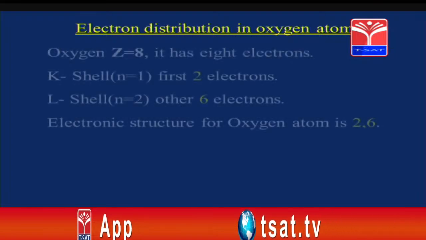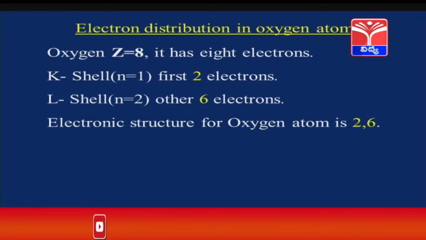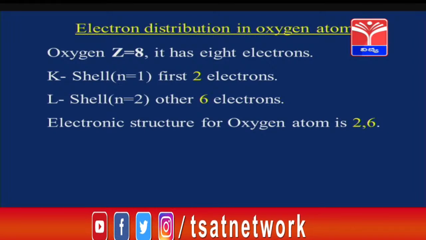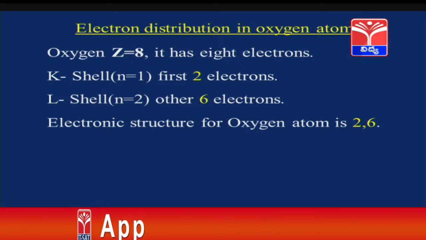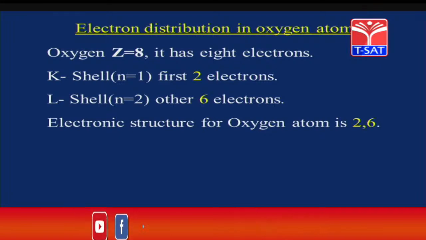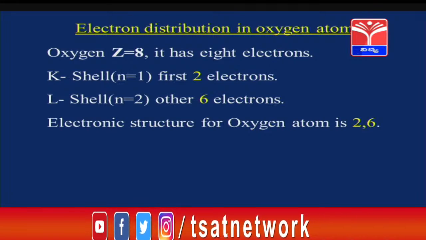We all know the atomic number of oxygen is 8, that is Z equal to 8. It has 8 electrons. Out of 8 electrons, in the K shell, n equal to 1 shell, the first 2 electrons fill and the remaining 6 electrons go into L shell, that is n equal to 2 shell. So, the electronic structure of oxygen atom is 2, 6.